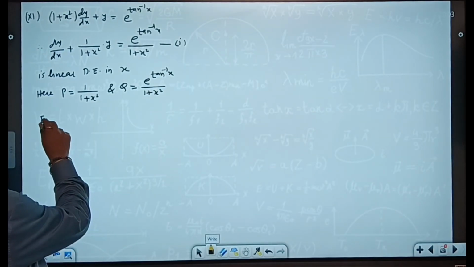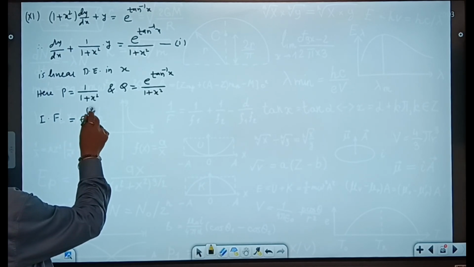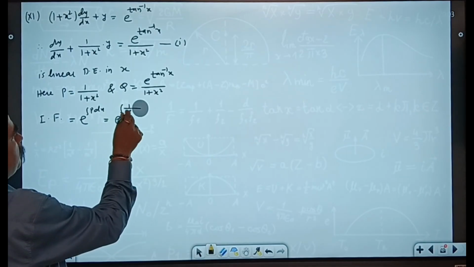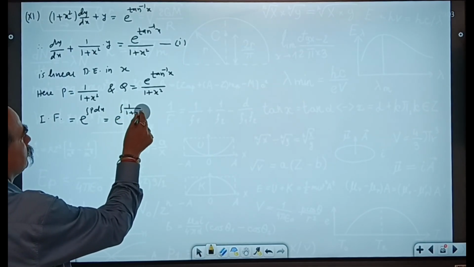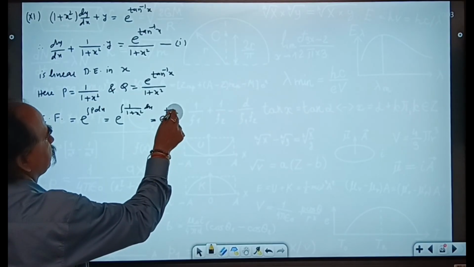So in this case, integrating factor is e raised to integral p dx, integral of 1 upon 1 plus x square, e raised to tan inverse x.